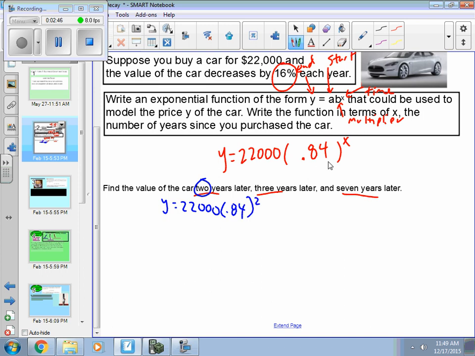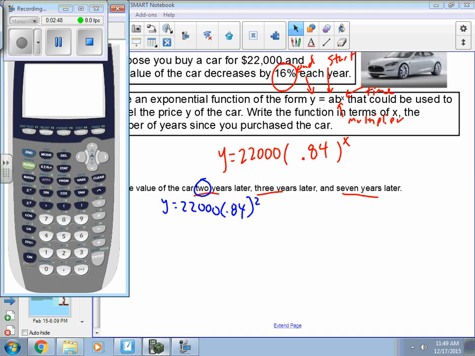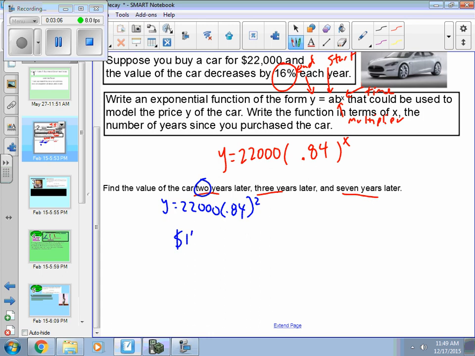All you have to do is go on your calculator and type that in exactly how it looks there, and we can find out how much the car would be worth. After 2 years, the price went down from $22,000 to $15,523.20. So you can see decreasing 16% each year dropped the value.